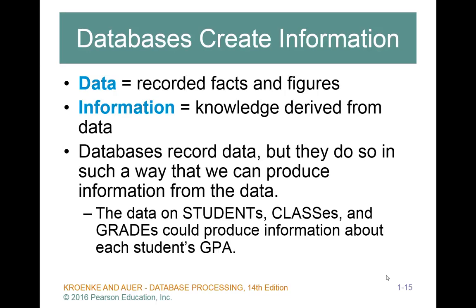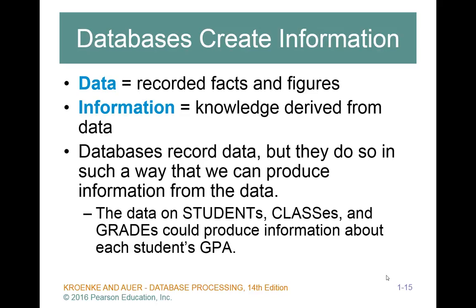So when we talk about databases, to me this is the most important fact of what databases do. Databases create information. A database is more than just data, which is defined as recorded facts and figures, or the information that we put in those individual cells. It's the information that we're able to create, or the knowledge derived from the data.